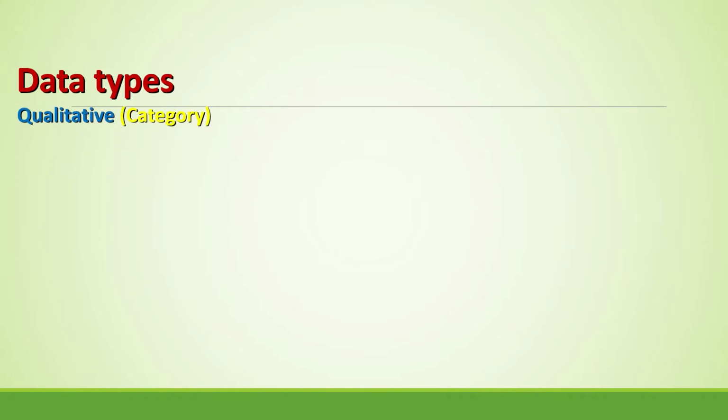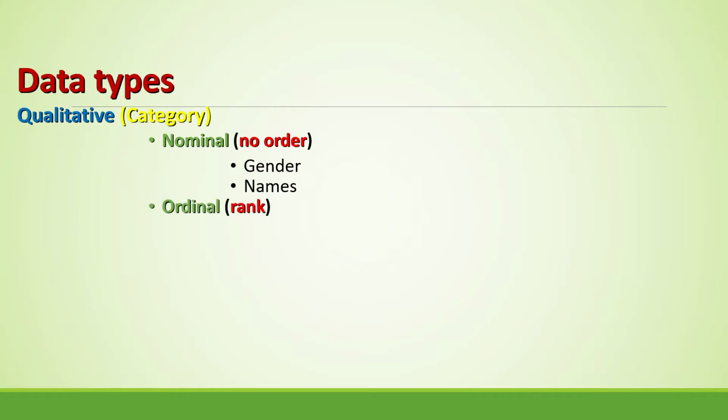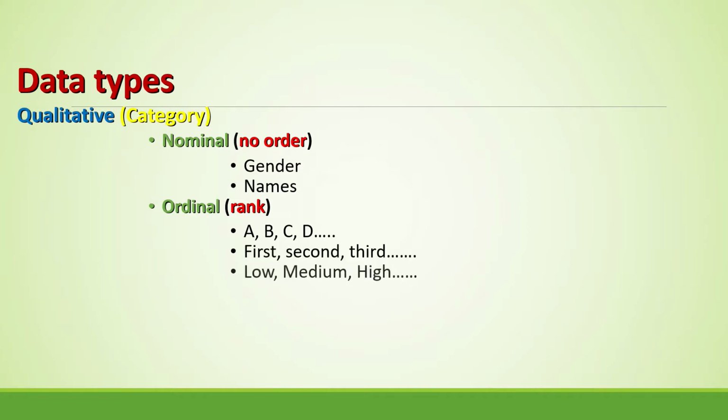Data can be either qualitative, meaning that it comes in categories, and these categories can be either nominal, with no order, like names of individuals, sex of individuals, male or female, or qualitative data can be ordinal, i.e. they are in ranks, like A, B, C, D, first, second, third, low, medium, high.